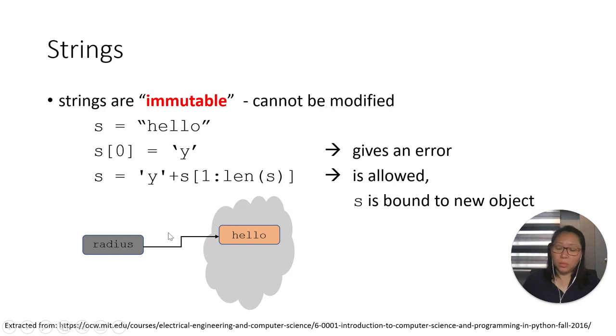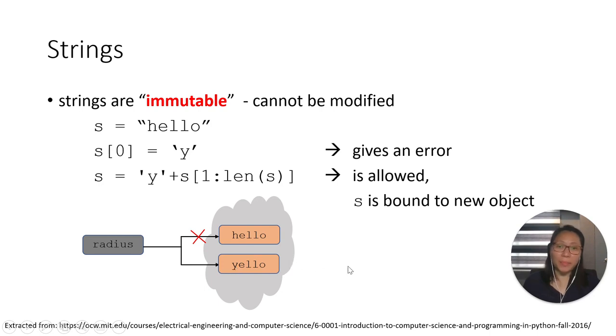Oops, I made a mistake. This should be s. Okay, please change that one. So let's say we have here s, and originally it is bound to hello, and then we created yellow and then transferred s to yellow.